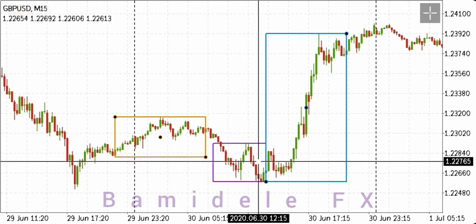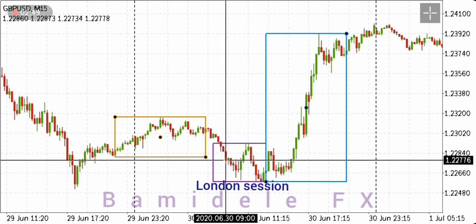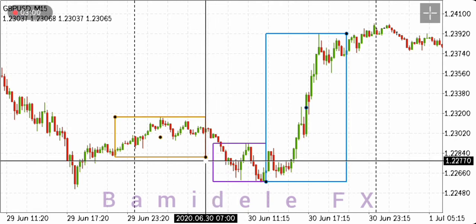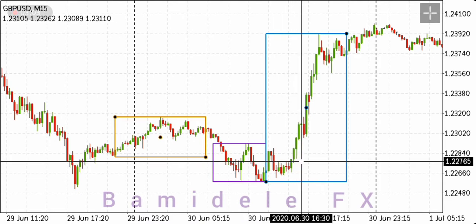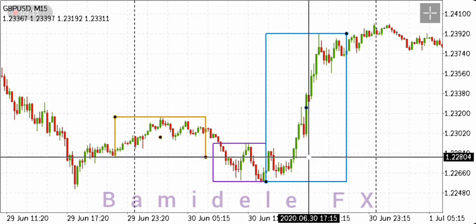The London session. The London session is when the London market opens, the stock markets and all that. So there is increased volatility because of increased trading activity in that session. It begins from around 8 o'clock to about 16 o'clock in the afternoon. Then it directly overlaps with the New York session.